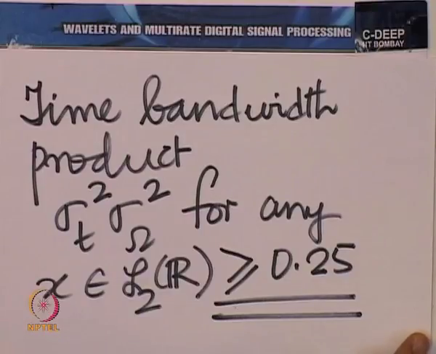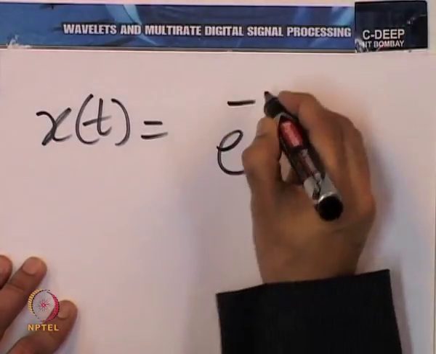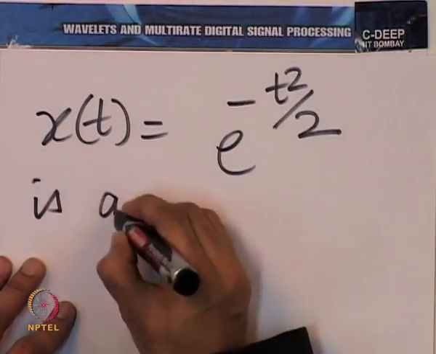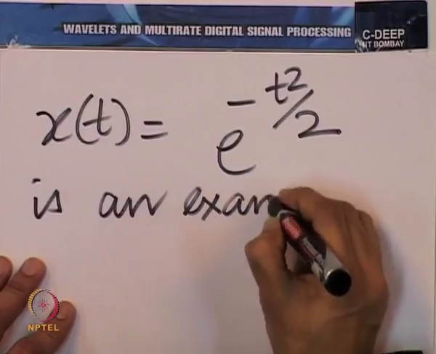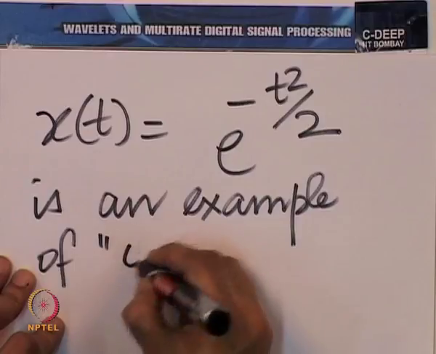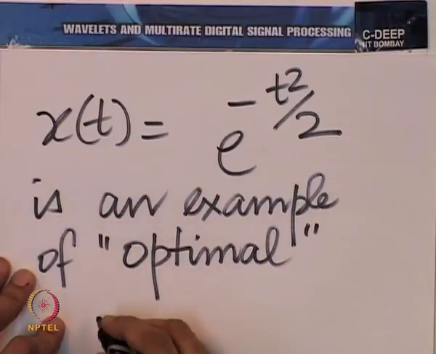And we also concluded which function x(t) in L2(R) gives us this time bandwidth product. So, we showed that x(t) is the Gaussian, namely e raised to the power minus t squared by 2, for example, is an example of a so called optimal function, optimal in the sense of time bandwidth product.